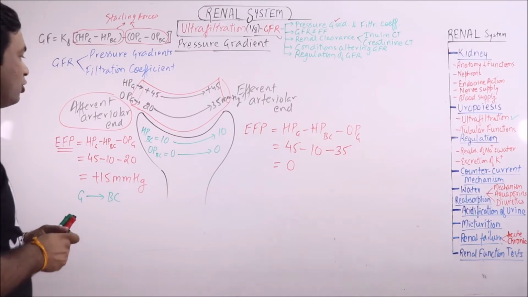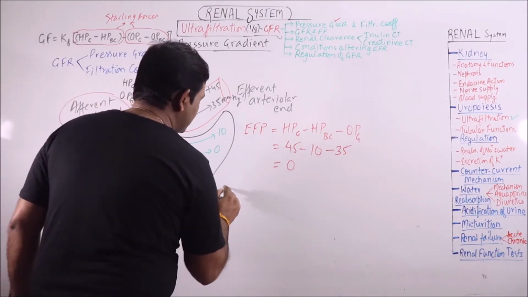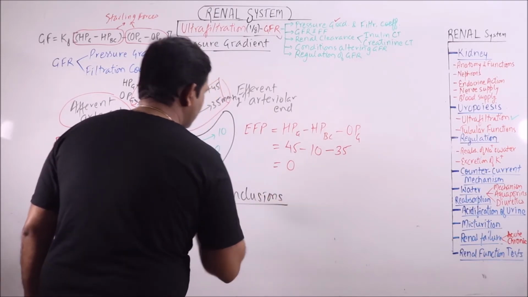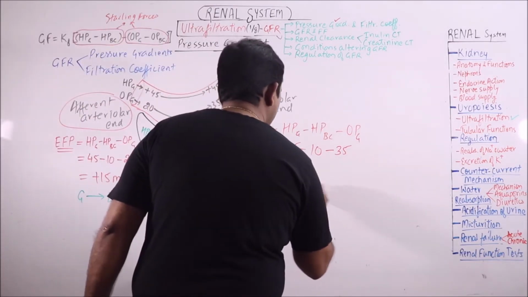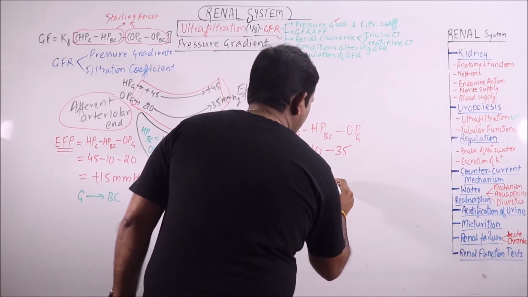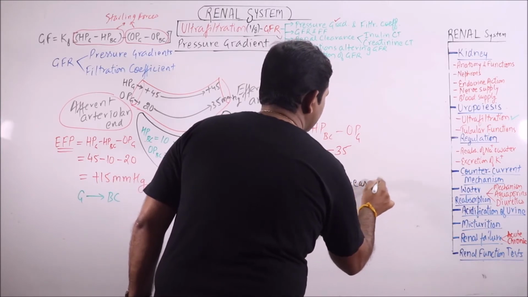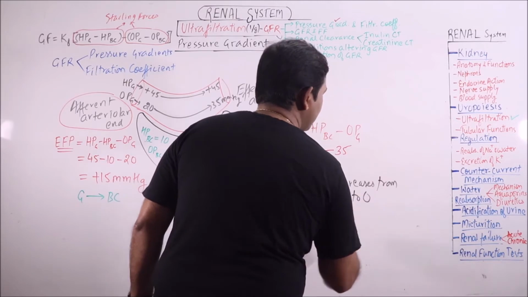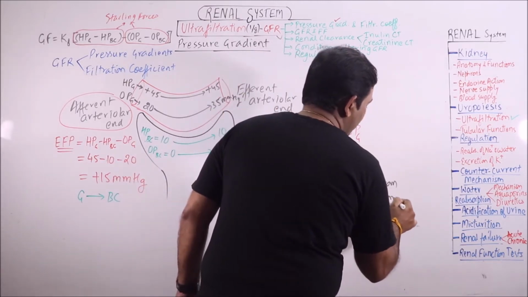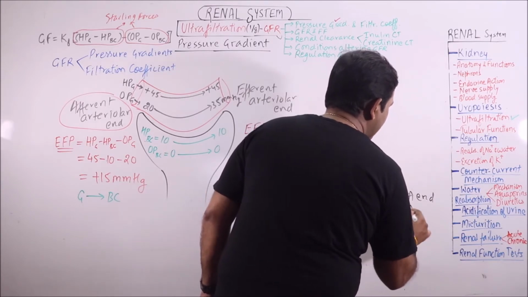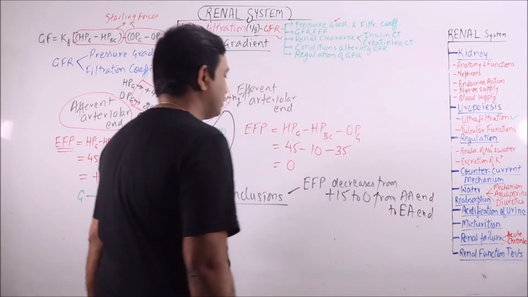So we can draw two outcomes or conclusions. First, the effective filtration pressure decreases from plus 15 to 0 from afferent arteriolar end to efferent arteriolar end.